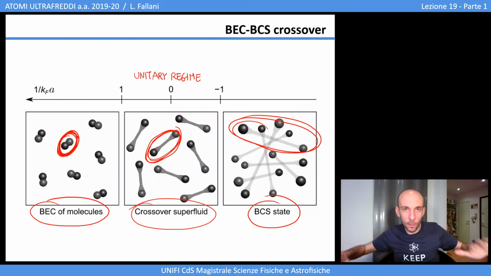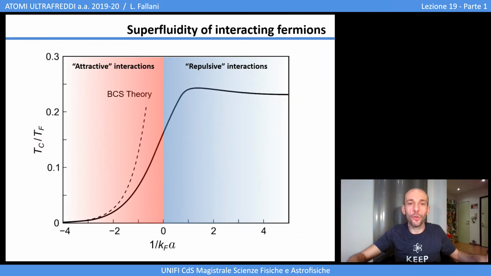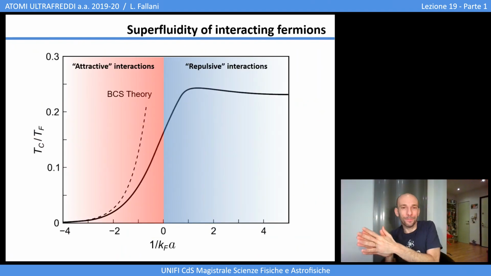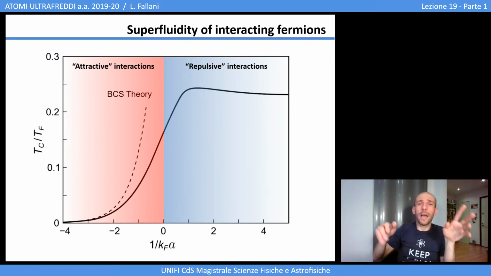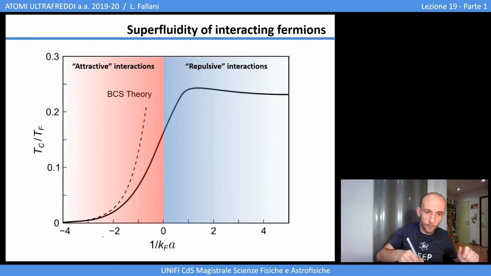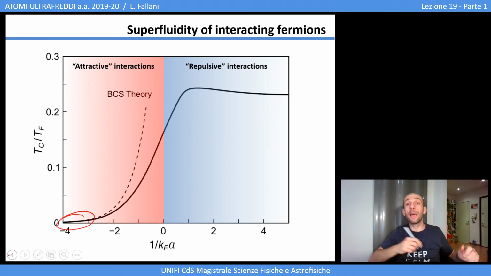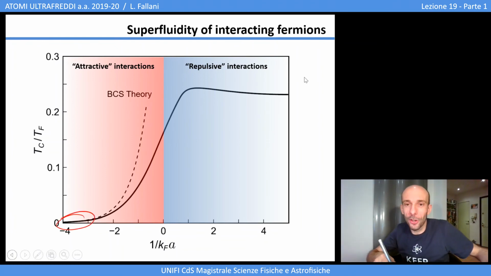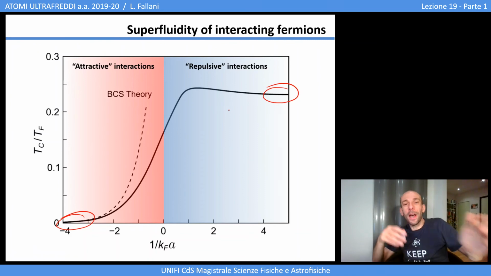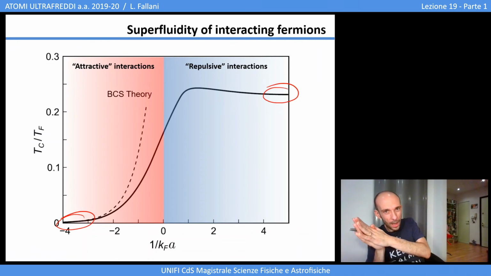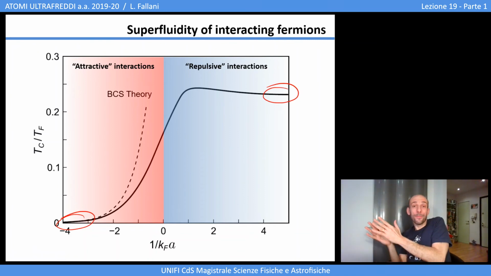And the details of the superfluidity will change. In particular, we have seen that the critical temperature depends on the regime. So you have BCS with this weak form of superfluidity with very low critical temperature, compared to the Bose-Einstein condensation that you have instead on the other side of the plot.